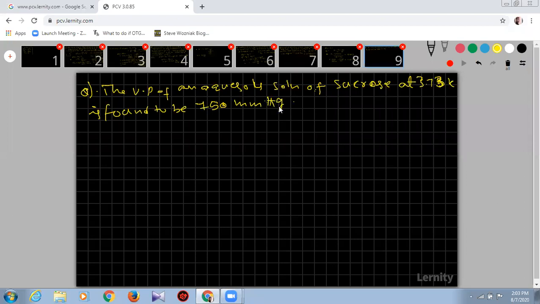What is the molality of the solution at the same temperature? So can you try it now?